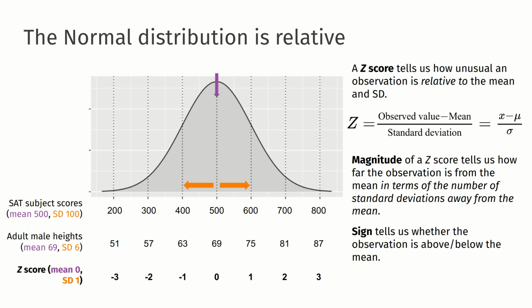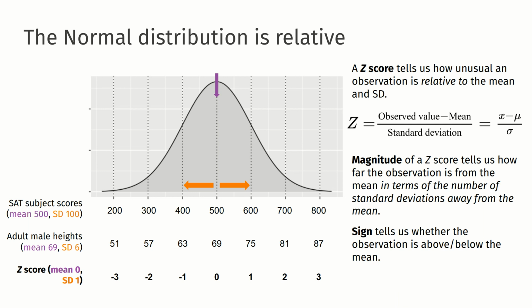The magnitude of a z-score tells us how far the observation is from the mean in terms of the number of standard deviations away from the mean, so in units of standard deviation. The sign of the z-score tells us whether the observation is above the mean or below the mean.